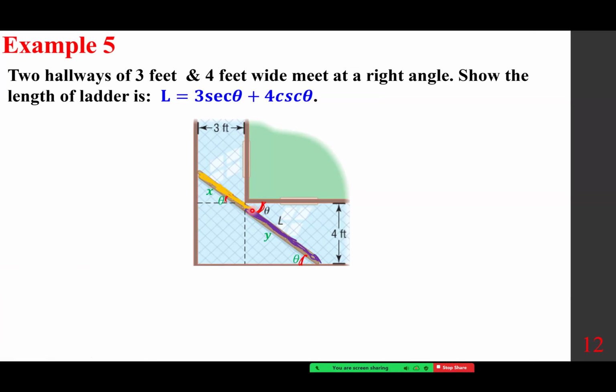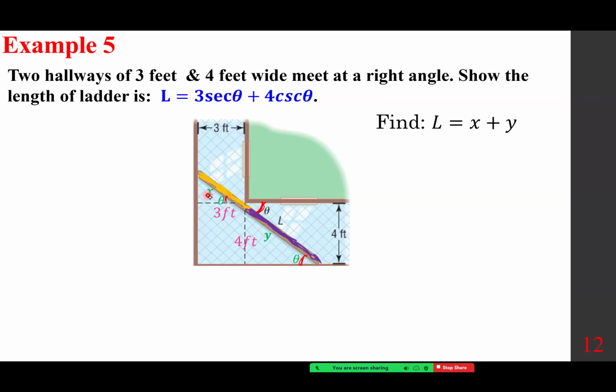So we want this distance plus this distance. So this is 3 feet, this is 3 feet. This is 4 feet, this is 4 feet. We want L, which is the sum of x and y.